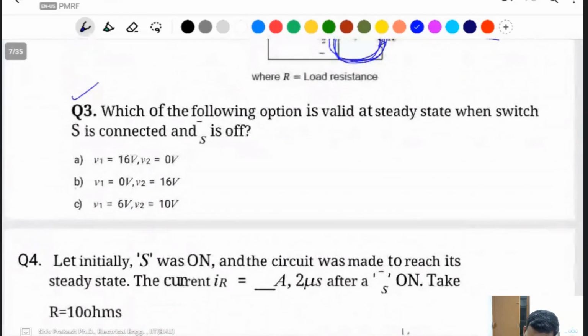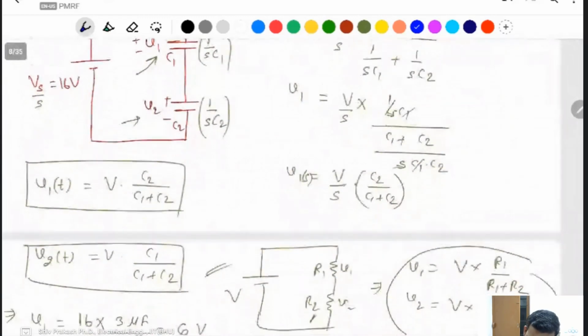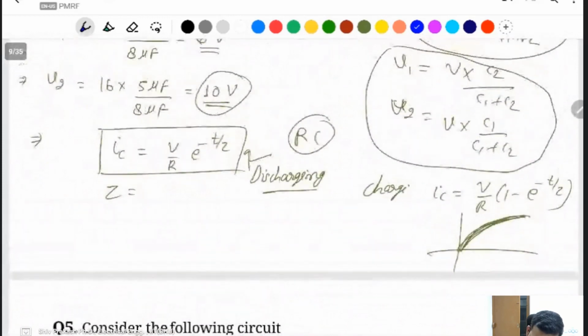Resistance is given as 10 ohm, then what is tau? 10 times C2, which is given as 3 microfarad, total 30 microsecond. Then what is the value of current at t equal to 2 microsecond, as asked in the question? Tau is 30 microsecond, t is 2 microsecond, and the voltage V2 is 10 volt.